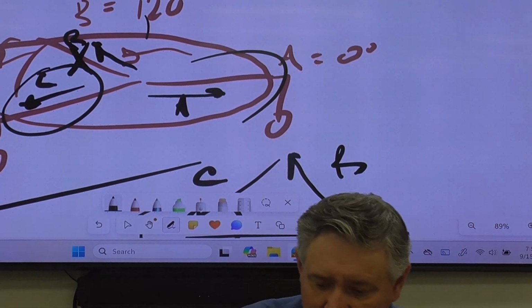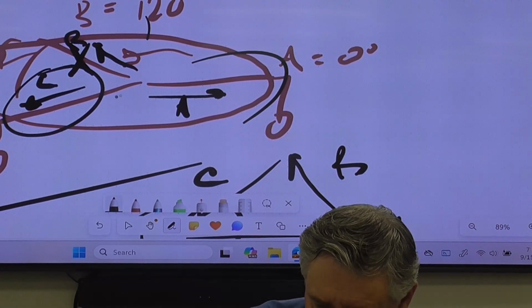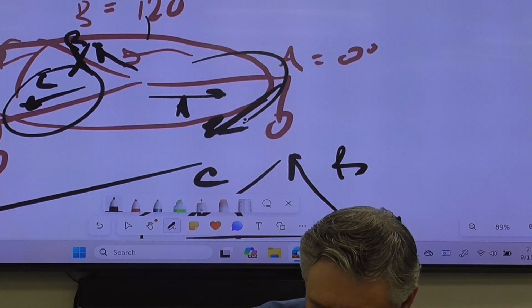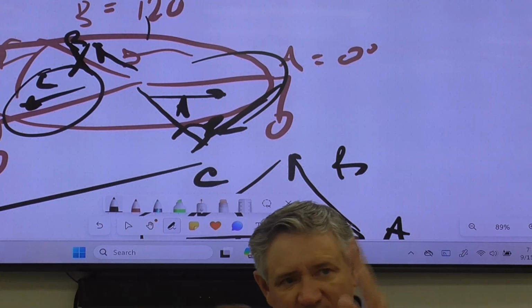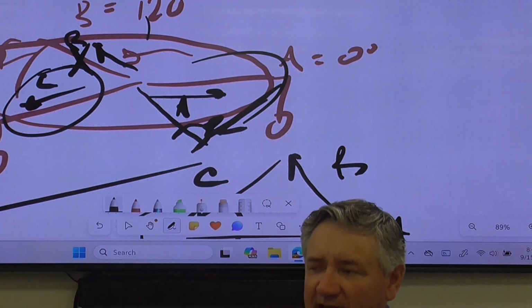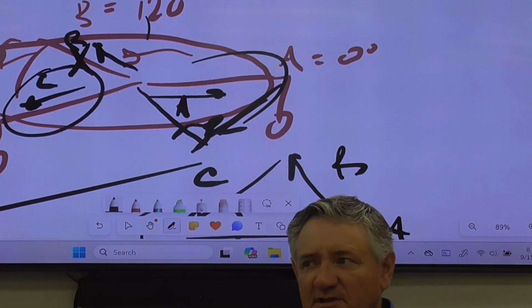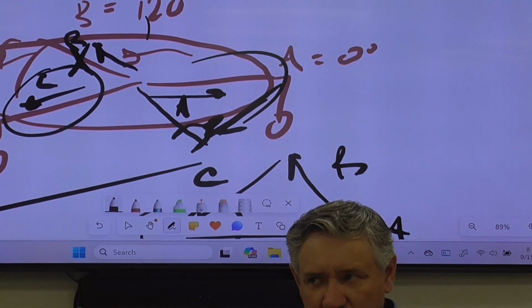So imagine that there's vector A, there's vector C, and then you could draw that resultant. You don't have to calculate it, but if you visualize it, you'll know exactly what you have going on.